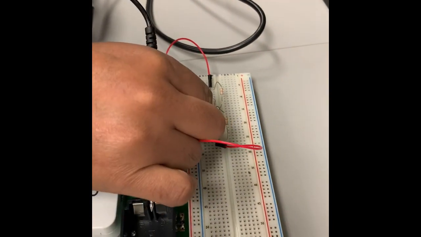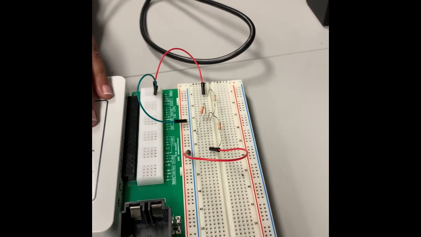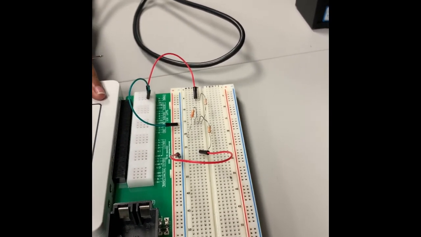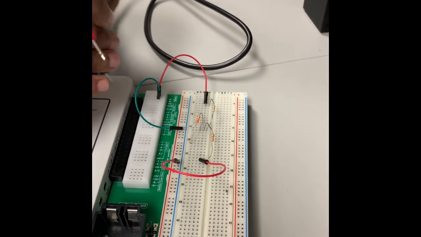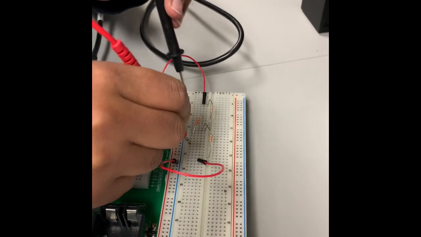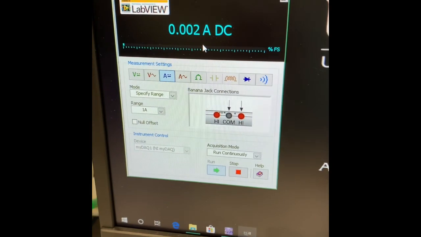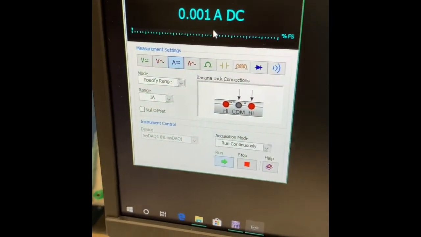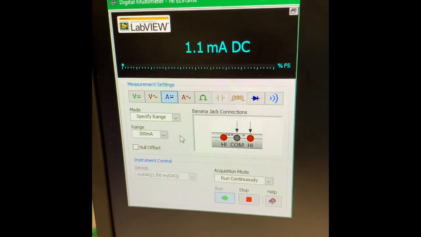Now we'll do the current, and for the current with the 5-volt source only, we have about 1.2 milliamps.